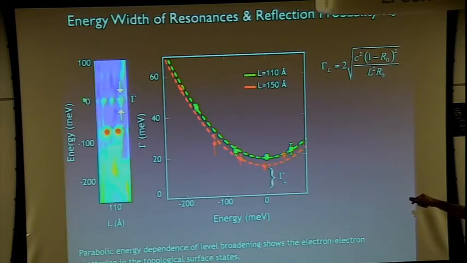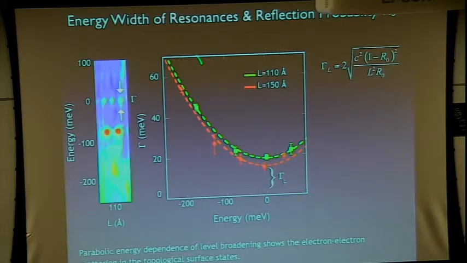This relates to the energy resolution question that somebody was asking, but here what we are doing is actually measuring the lifetime of the electron. We have a box, and in that box you have a resonance. You can just look at the width of the resonance, and from that width you can extract the lifetime of the electrons for different size terraces. And also you can do this as a function of energy.